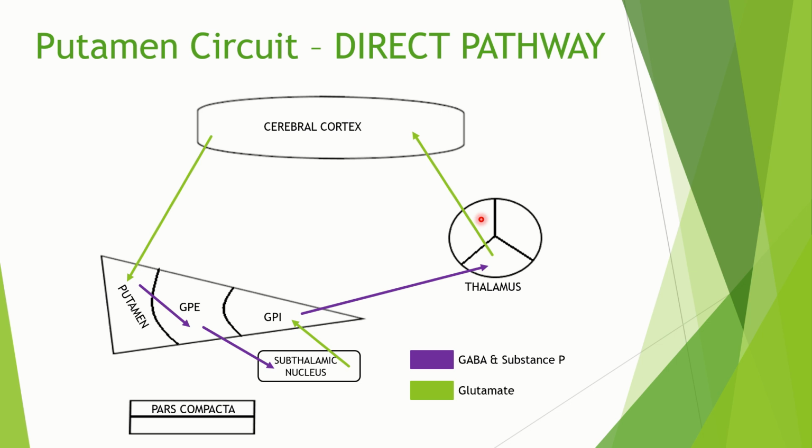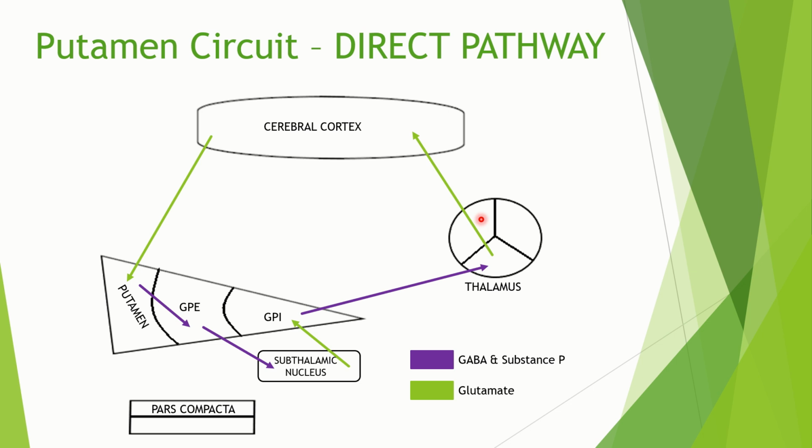But once there is stimulation, GABA released in the globus pallidus externa is going to affect the fibers from the globus pallidus externa to the subthalamic nucleus, and cause inhibition. This inhibition of the inhibitory fiber means that the constant inhibition that would ordinarily take place is itself removed or inhibited.